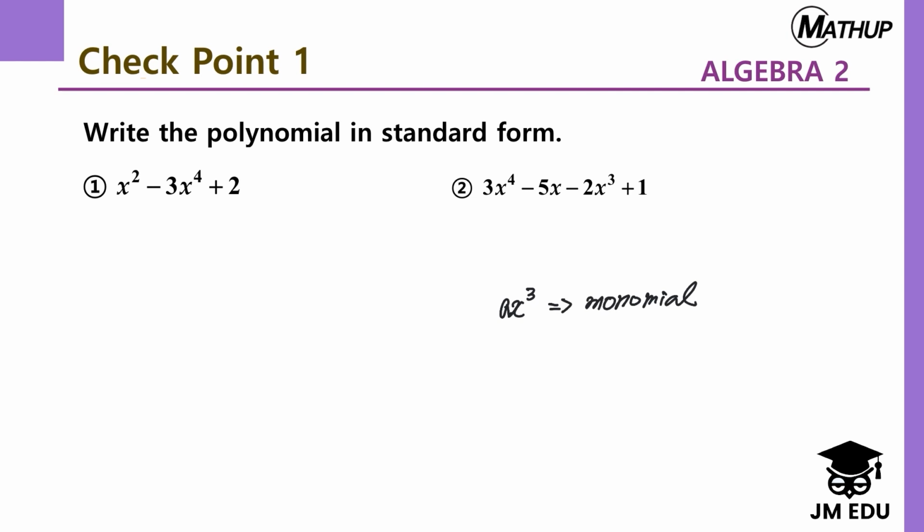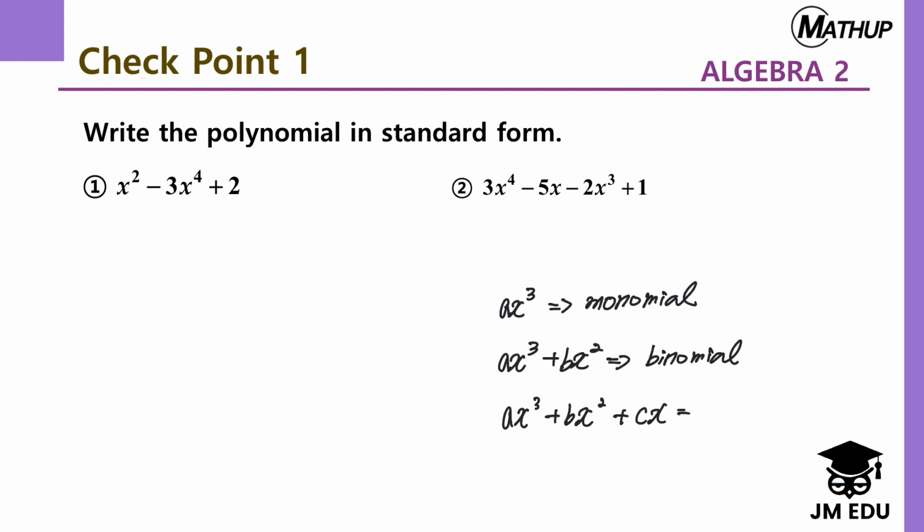Let's say we have two terms, ax cubed plus bx squared. Then we can say this is a polynomial with two terms, or we say this is a binomial. Bi means 2, right? Let's say we have 3 terms, ax cubed plus bx squared plus cx.